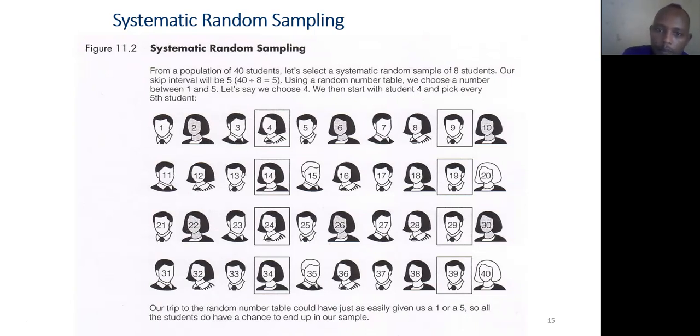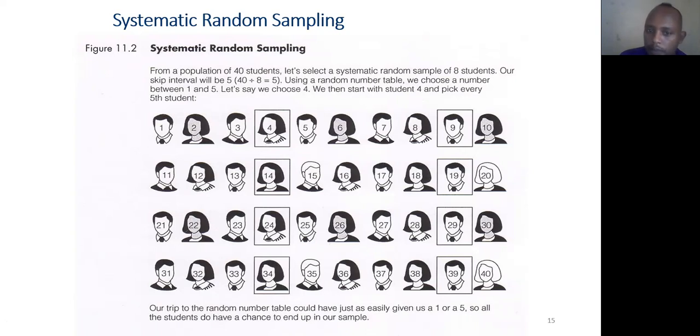Then 5 means K. And we select the 5th member of this population. The 5th member of this population may be considered as a sample in case of the systematic random sampling method.